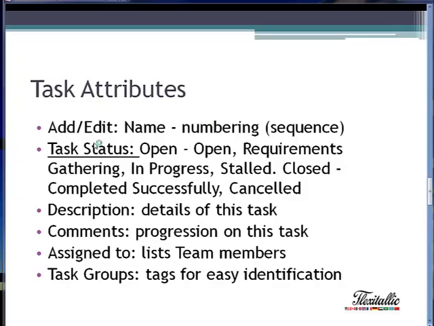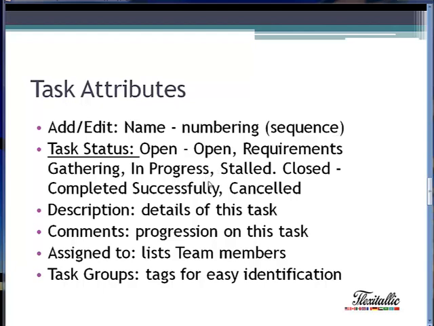Next, we'll look at how tasks are defined underneath projects. Now, with tasks, you can add or edit a task. Here at Flex IT, we are getting into the habit of numbering our tasks that are listed within a project, and this provides an idea of the sequence of tasks that need to occur as the project progresses.